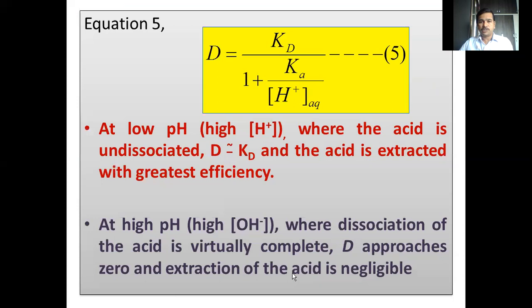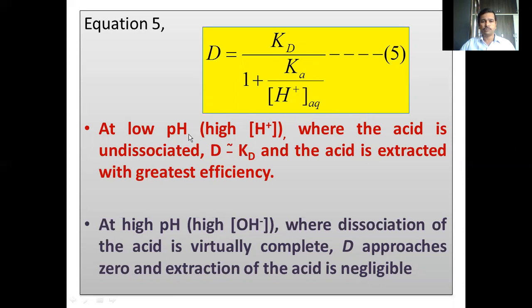According to this equation, that is equation number 5, if you are going to extract any carboxylic acid into the organic solvent, what are the factors which influence the extraction efficiency? What decides D, or how is D going to depend upon the concentration of H plus ion?